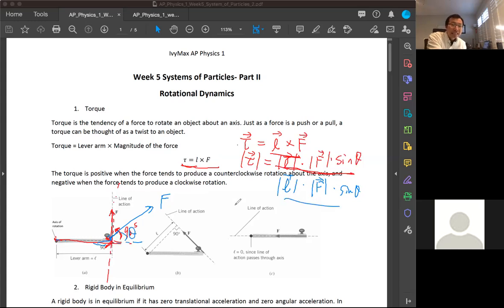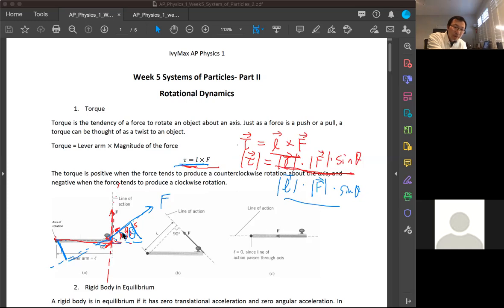So it should be an equivalent way if you consider that. But in this case, you need to consider that this is the line of action, and your lever arm has a shorter distance. So you can find out it's actually the same if you calculate this.